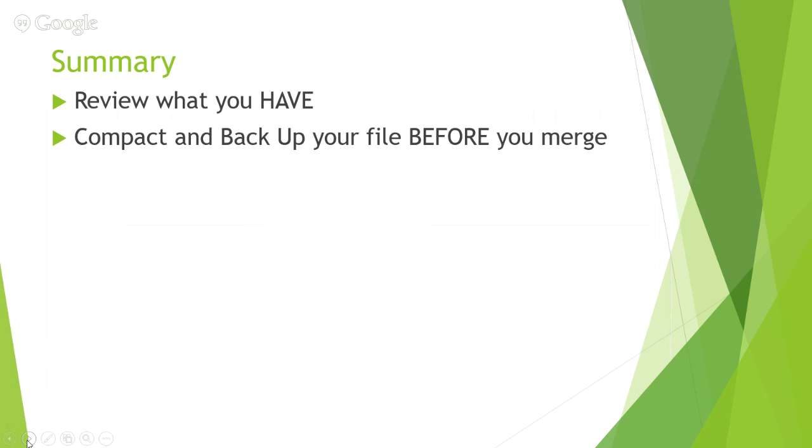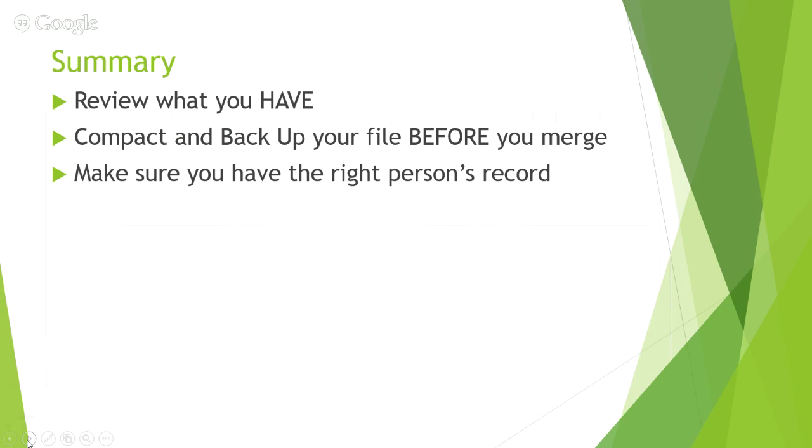I always use the compact file command, which I've blogged about many times, and I always take the backup option before I do the merge. Make sure that the record that you select is your person. I was confident when I saw the hint. I started from a hint and looked at the record, and the lower left side and lower right side of the screen were telling me I had the right person.